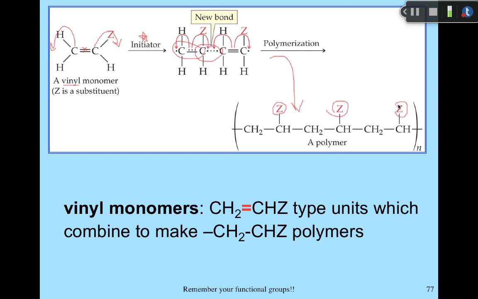The polymer looks just like your monomer, except there are single bonds and lots of the groups tied together. All the same atoms are present in a repeating sense, but no more double bonds. So you make many polymers from alkenes in this way.